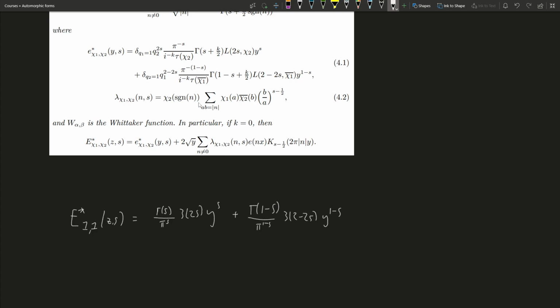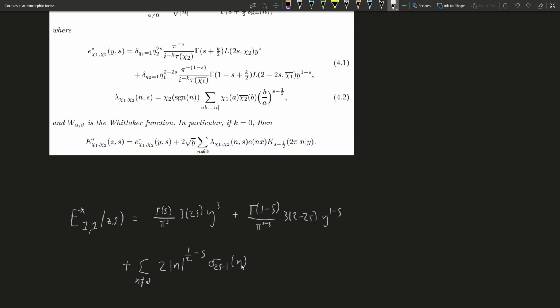And then the Fourier series stuff is going to be as follows. So it's going to be the sum over n not equal to 0, and then 2. And then here, okay, I'll write out exactly how to get it in this form in a moment, but you end up getting |n| to the 1/2 minus s, sum of divisors function at 2s minus 1 of n.